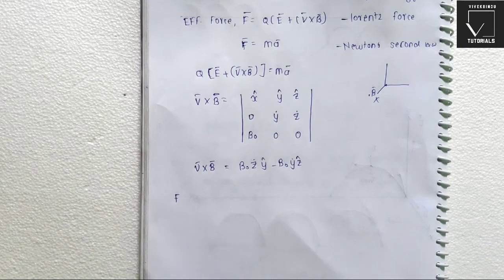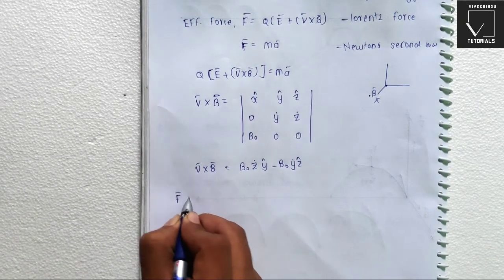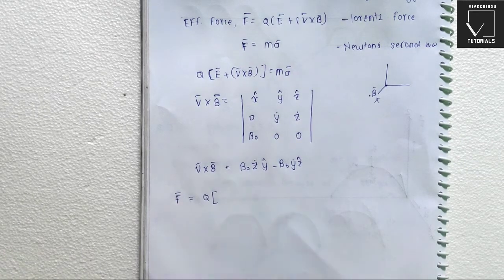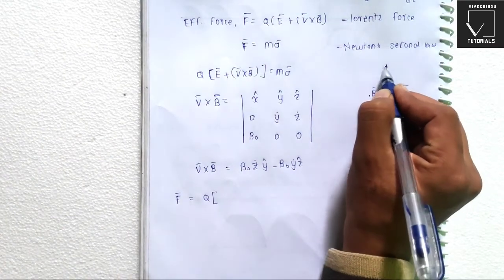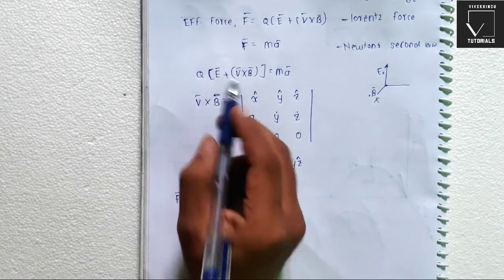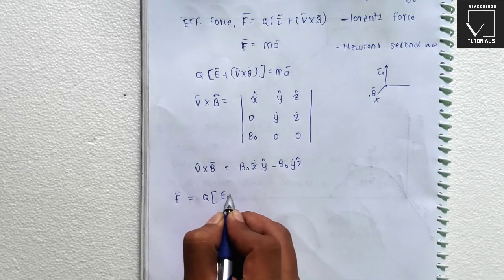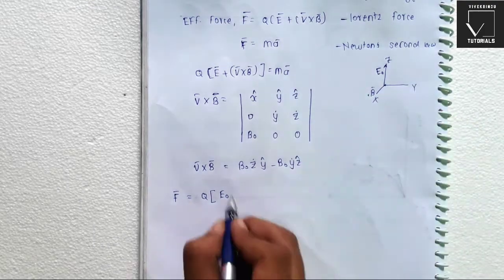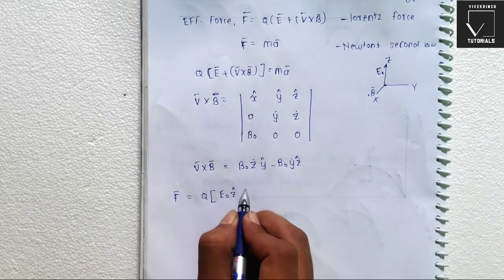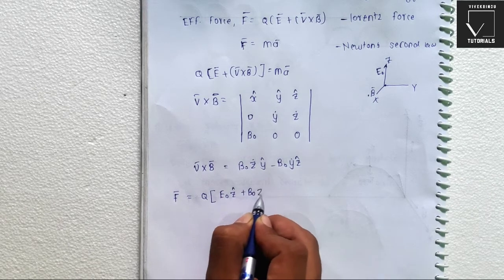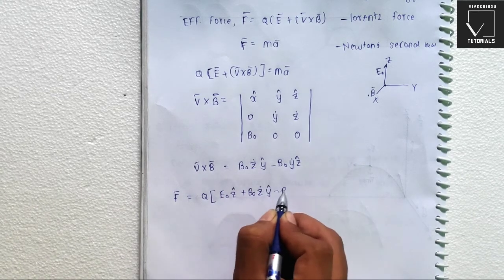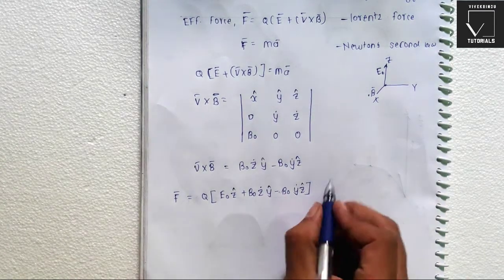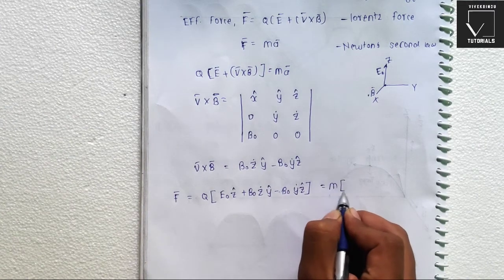So V bar cross B bar is equal to B0 z dot y cap minus B0 y dot z cap. Put this value in the force equation and we get F is equal to q into, so the electric field is acting along the y direction only, so we can write E bar as E0 y cap, only the y component, plus B0 z dot y cap minus B0 y dot z cap, is equal to m into acceleration.